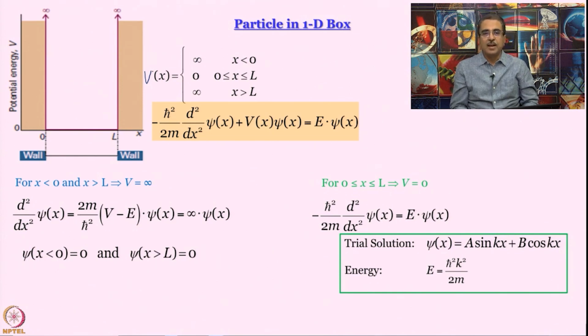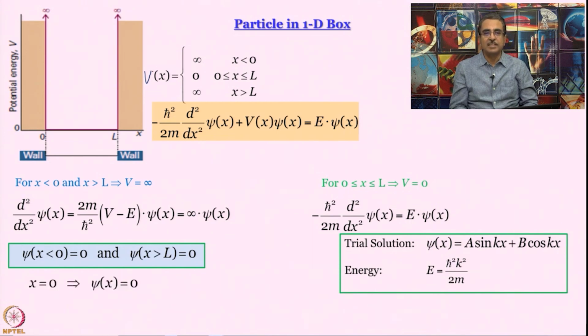Great. Now let us look at what happens at the boundaries. For x less than 0, the wave function equals 0. Let us work with that first. Remember the Born interpretation, psi star psi is the probability density, and one of the conditions that psi must satisfy is that psi must be continuous.